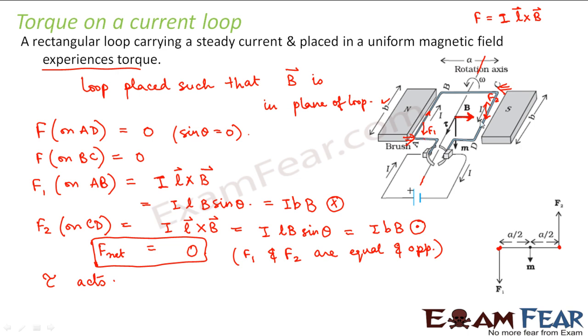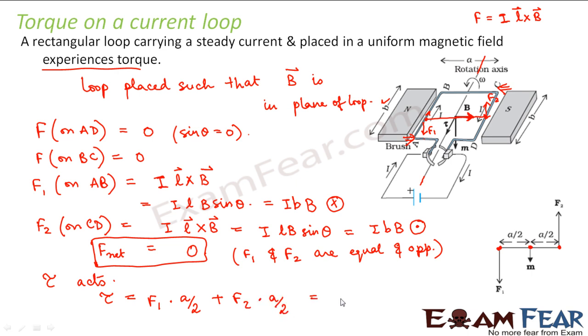So this is F1, this is F2. If you join it from the center, you will get a figure like this diagram. Let us suppose this entire length is a, so the center of mass will be at the center. So torque will act, and what will be the magnitude of torque? That will be equal to F1 multiplied by the moment arm, that is a by 2, plus F2 multiplied by a by 2.